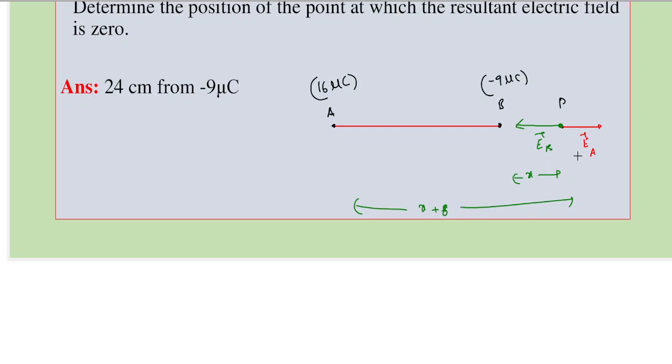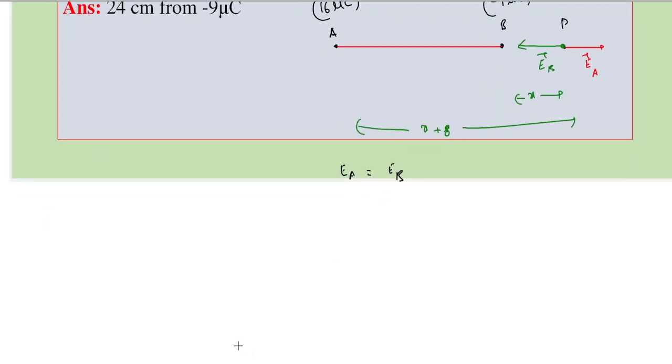Since the net field at the point P is 0, in terms of magnitude the fields EA and EB should be equal. So EA is equal to EB in terms of magnitude. Now EA is given by K into Q, which is 16 into 10 power minus 6, by R square, which is (x plus 8, in centimeter, so into 10 power minus 2) the whole square.